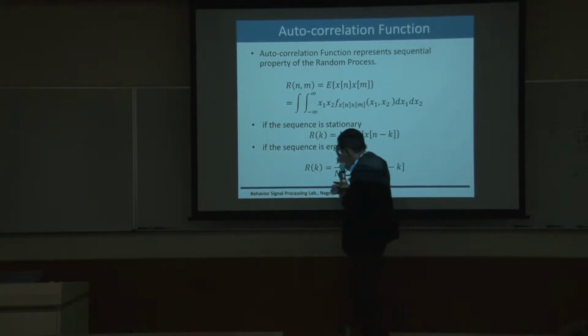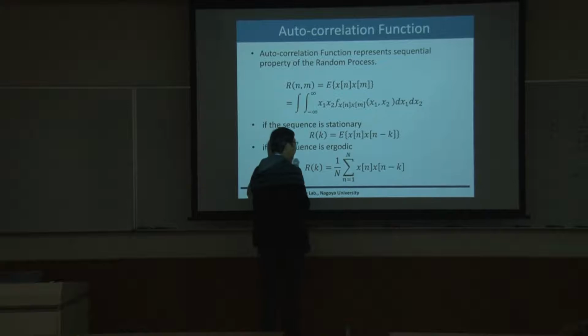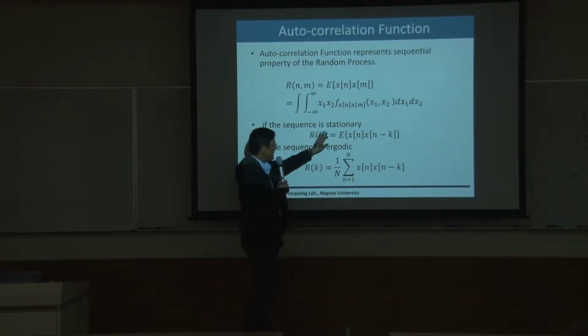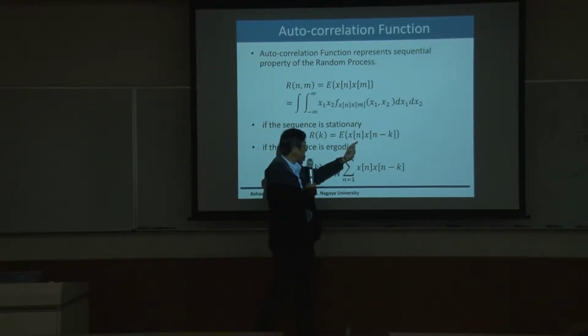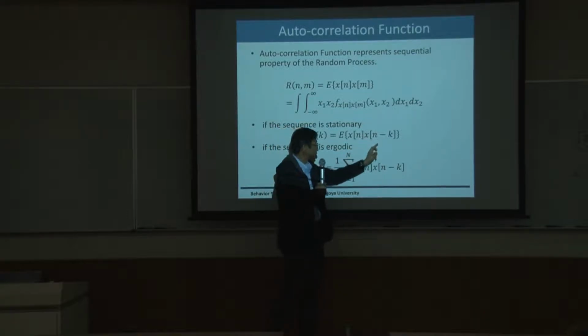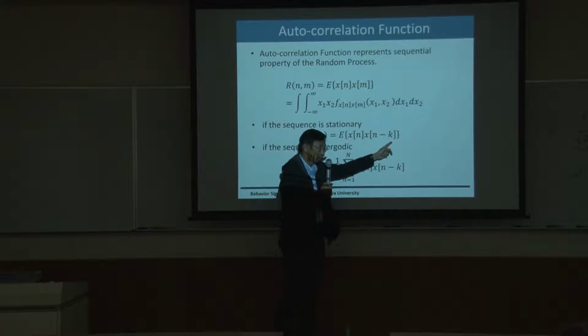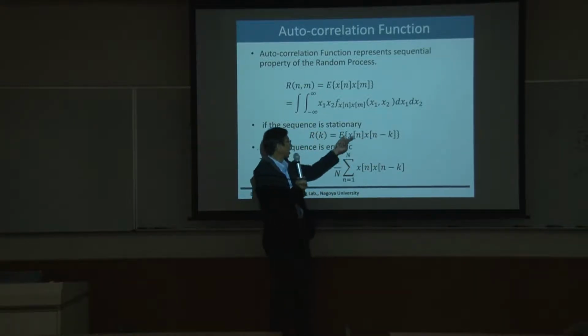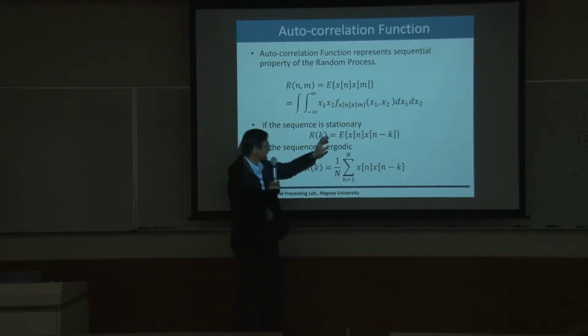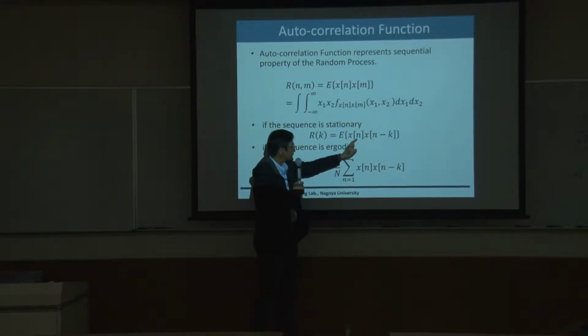That is strong sense stationarity. Weak sense stationarity is given like this: xn and the other sample that is k samples apart from xn are stationary, but it doesn't change with regard to the small n.